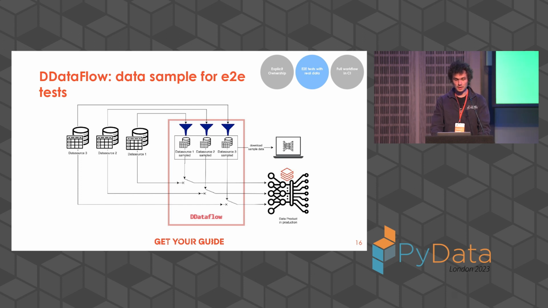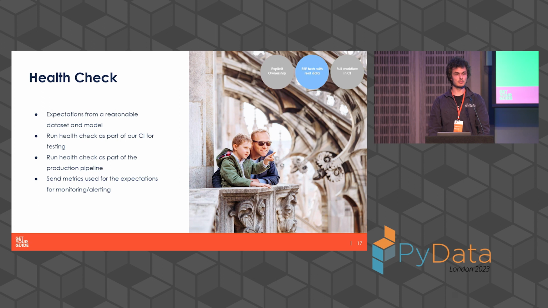So we needed to tweak our approach around the assertions for testing. What we ended up doing is having something that we call health checks. In other words, we have some expectations of the data set or model. For example, for the data set, you expect the booking activity to be in a certain range. You expect to have at least some bookings on desktop, on mobile web, and so on.